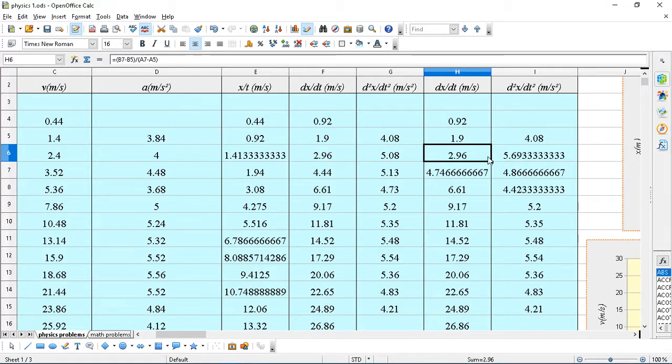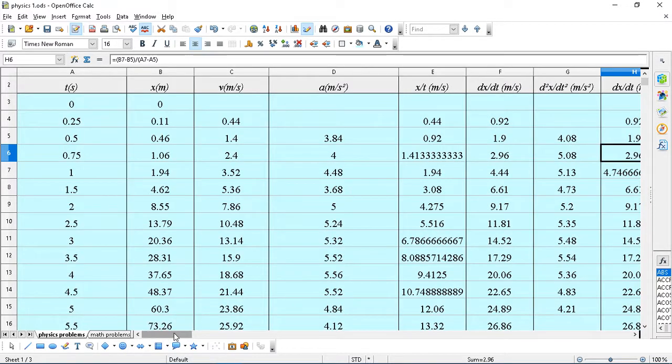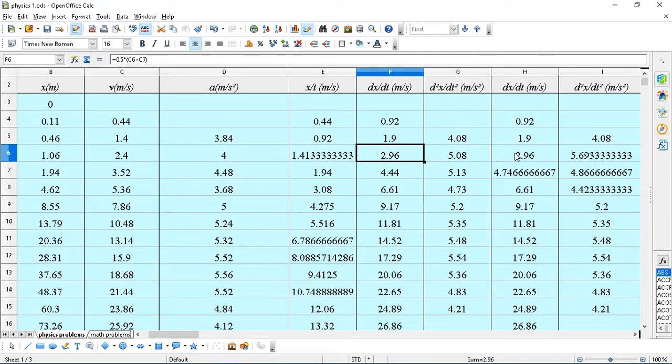As you can see, the values are not very different. We have the value for v, so the value of dx/dt. And these two columns are practically the same, with the exception of these two cells.